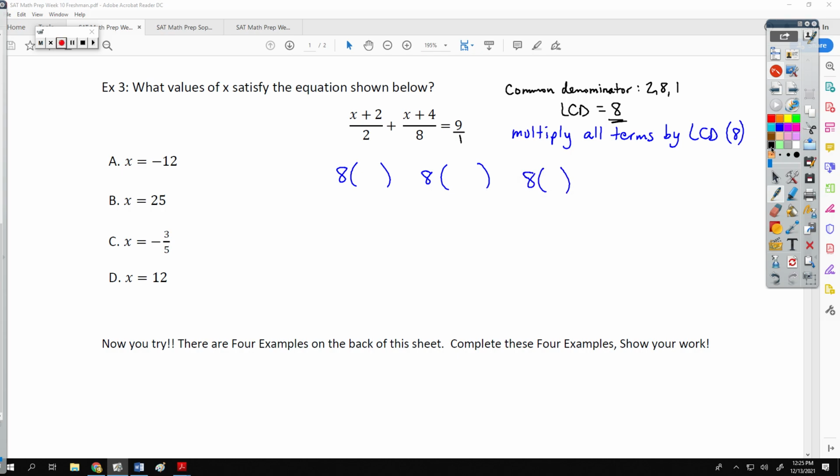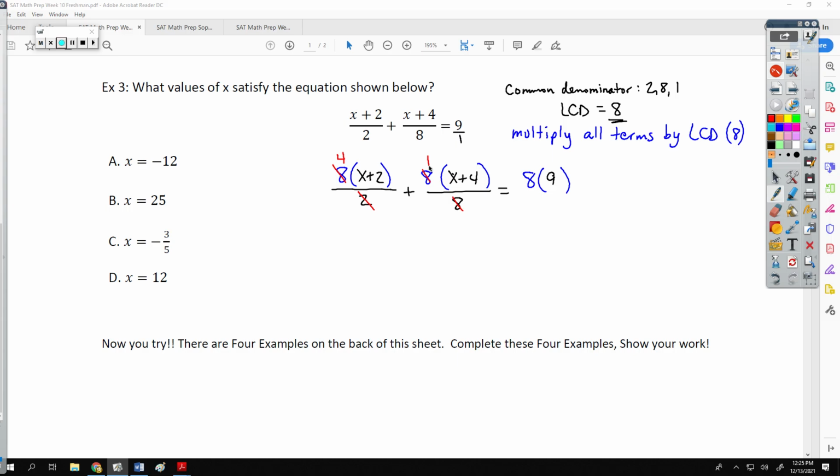Okay, so we do 8 times x plus 2 over 2 plus 8 times x plus 4 over 8 equals 8 times 9. Now when we do that, we are now able to carry out division. 8 divided by 2, for instance, in the first term here, is 4. In the second fraction, 8 divided by 8 is 1.